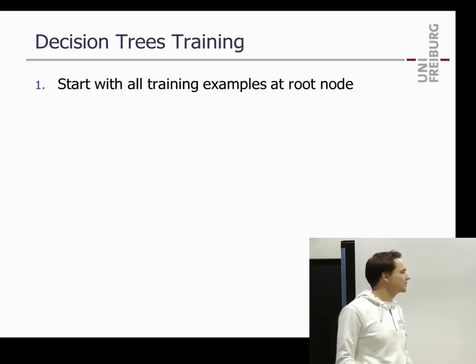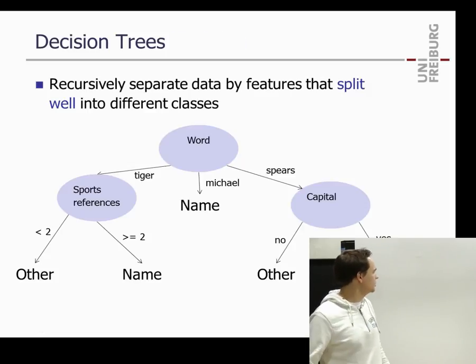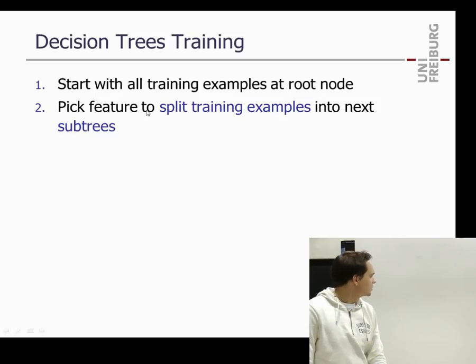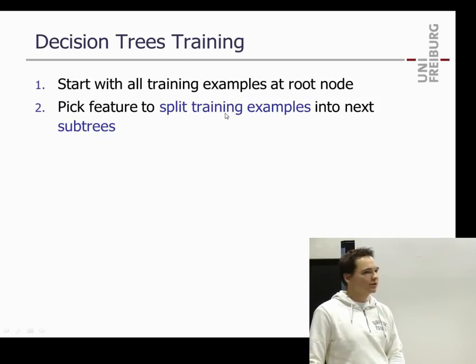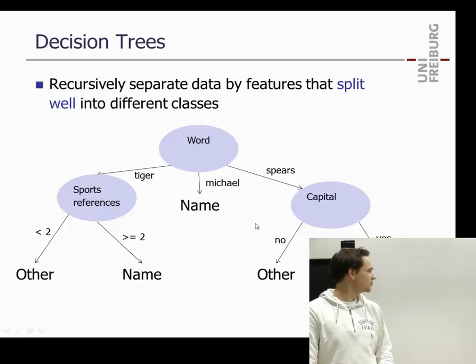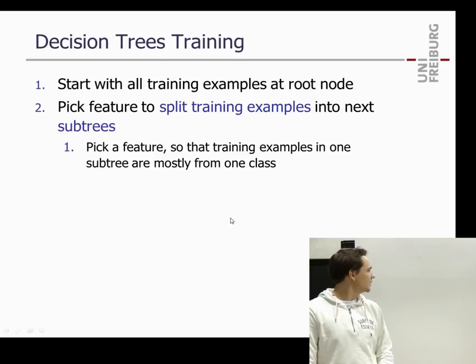And how do you do this? You start by having all your training examples at the root node of the tree. You don't have these lower levels yet, you just start with some root node. Now, you pick some feature to split the training examples into the next subtrees. So here you have your next subtree, and here it's already a leaf. And how do you do it?